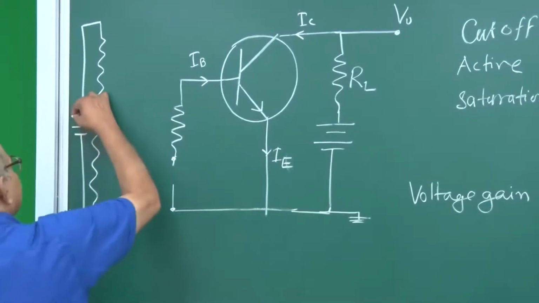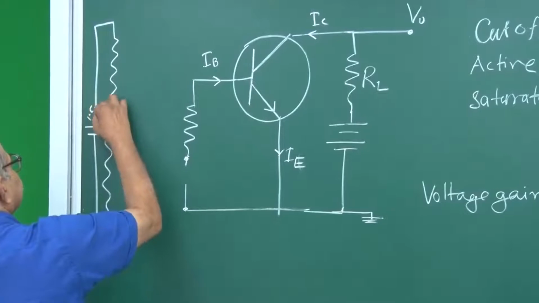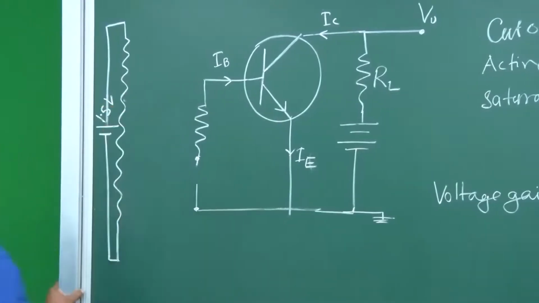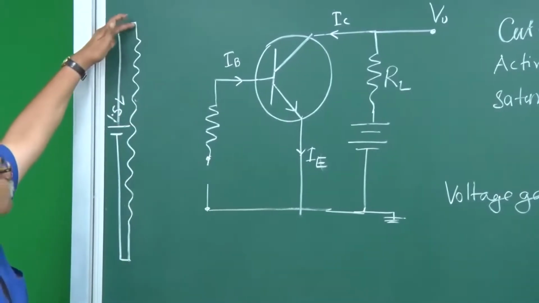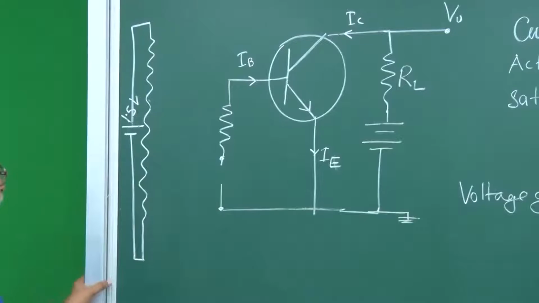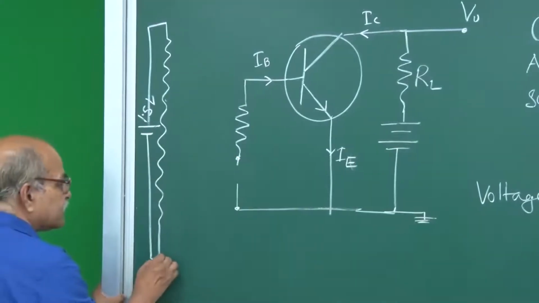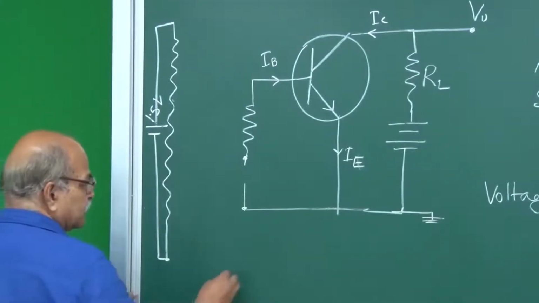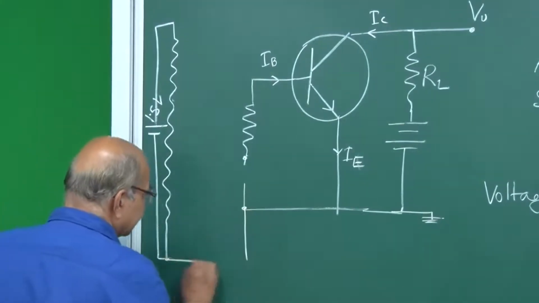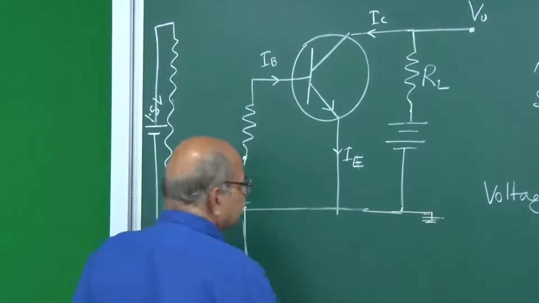So, this is a 1.5 volt cell. The total drop from here to here is 1.5, and this negative terminal we will take as the 0 potential. So, this is actually connected to this ground.